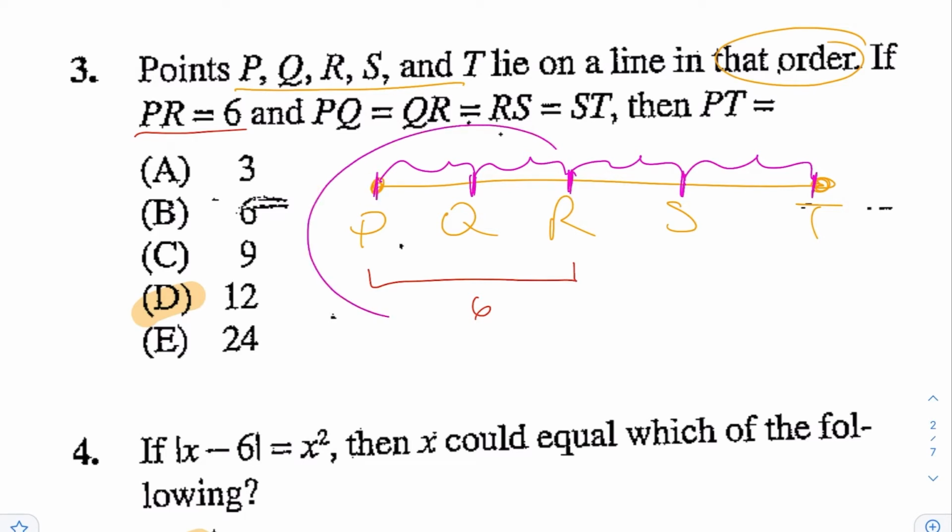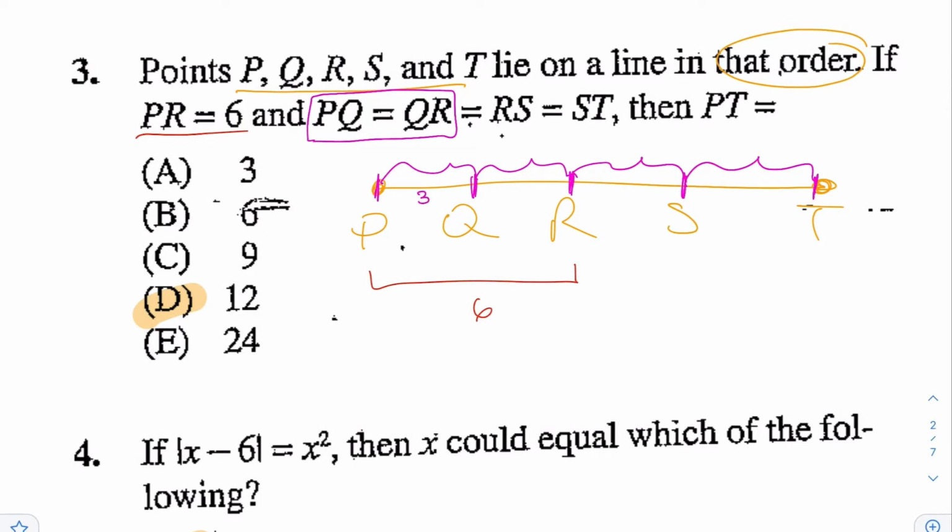Now, if you look at just P to R, we know that PR itself is cut in half because P to Q is equal to Q to R. But P to R is 6, so that means that P to Q has to be equal to 3, and Q to R has to be equal to 3. So that means that each of these pieces has to be equal to 3. So if you add everything together to solve for PT, that's going to be equal to 3 times 4, or 12, and that's choice D.